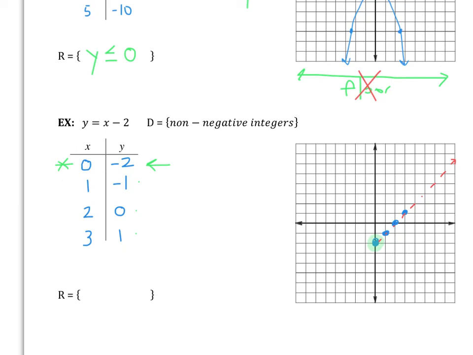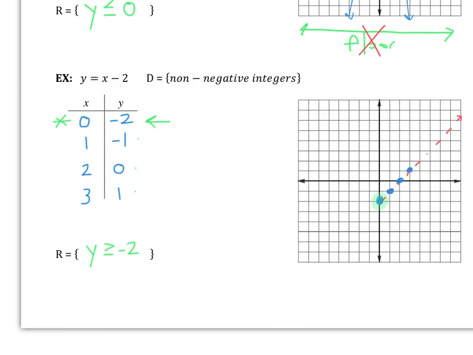So I can say y is greater than or equal to -2, but what does y have to be? Hopefully you recognize y has to be integers. Okay, so y is greater than or equal to -2, and they have to be the integers that are greater than or equal to -2. If you have questions on these, let me know. We'll get more practice in class time.